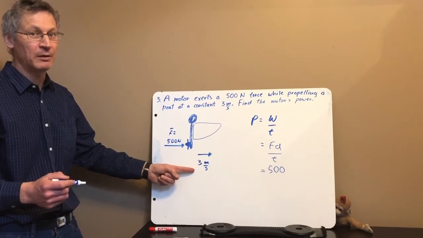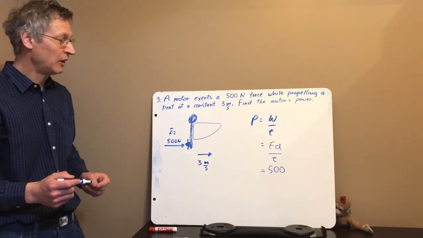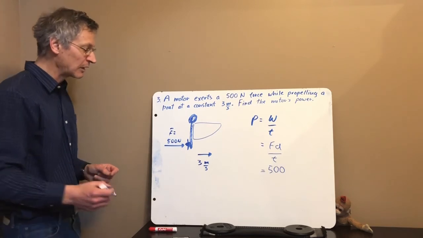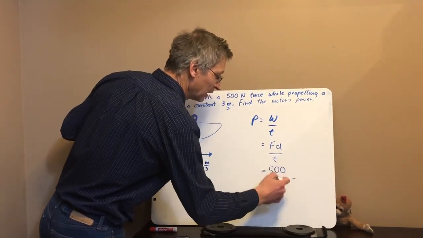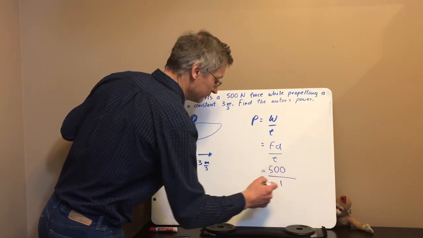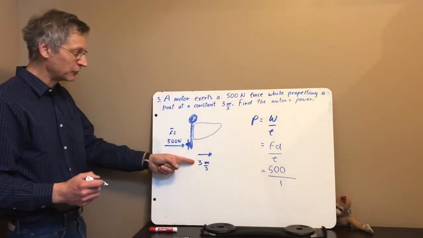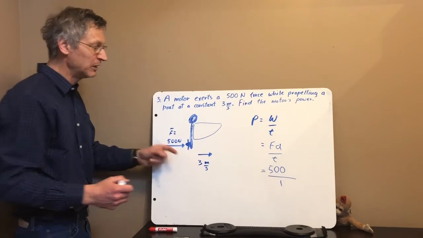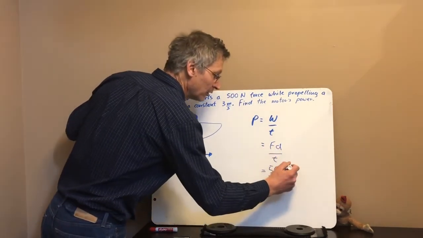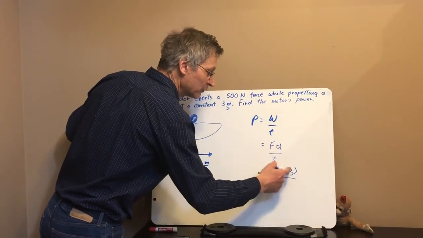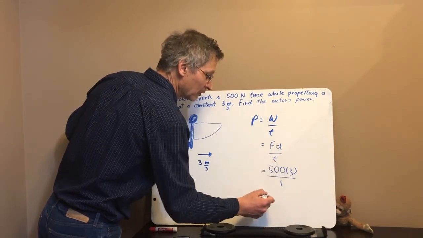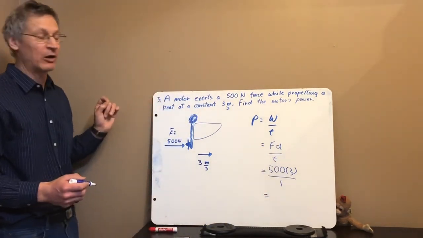It's wrapped up in the velocity, right? In a time of 1 second, this thing's going to travel a distance of 3 meters. The time is 1 second, and the distance is going to be 3 meters. And there's your power calculation.